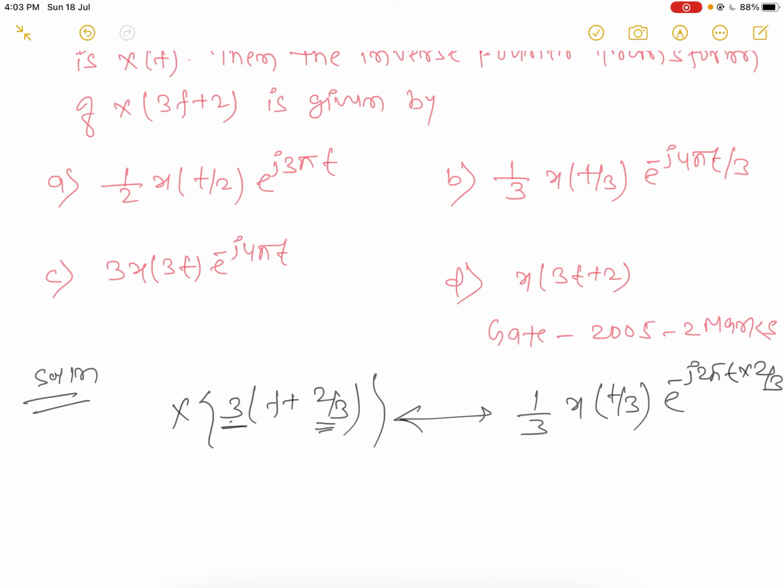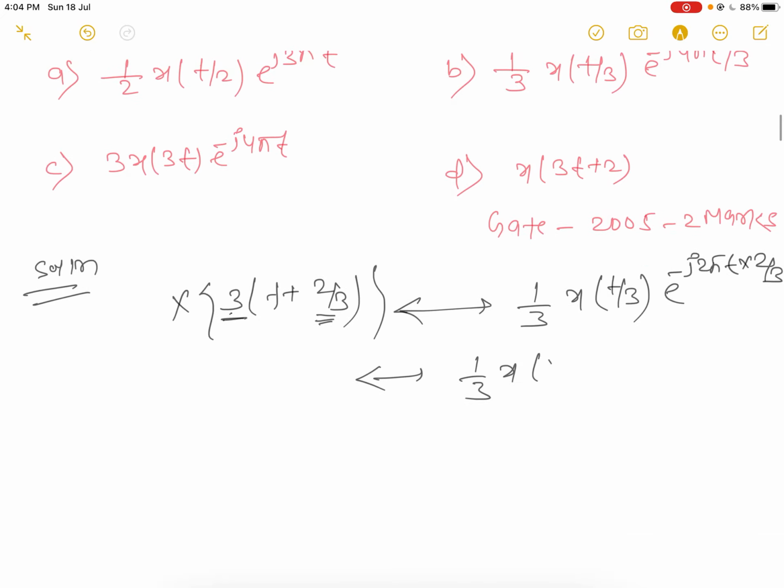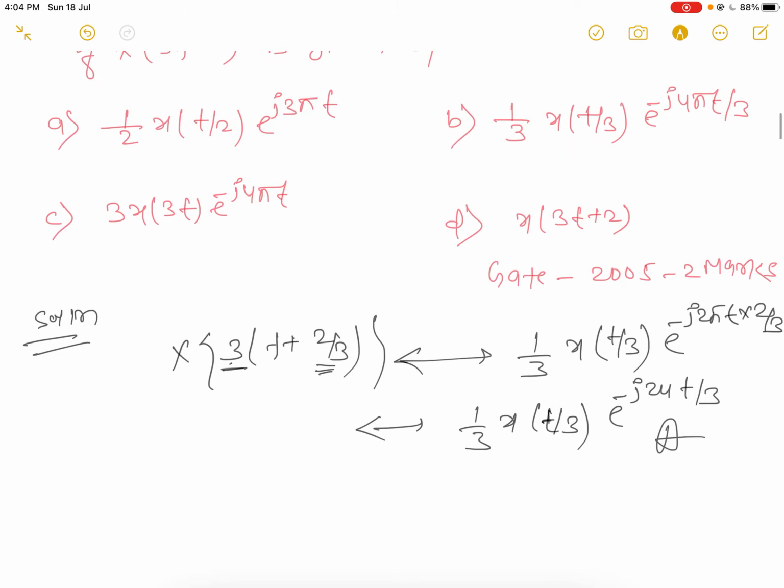So the resultant will be 1 by 3 x of t by 3 e to power minus j 4 pi t by 3. Right answer. Check the options.